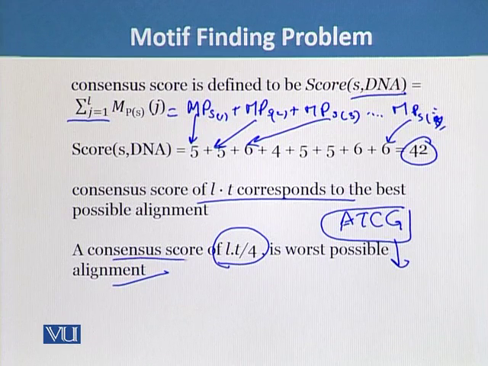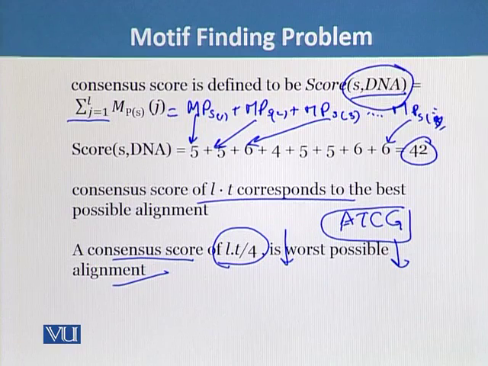So this consensus score will be much less than the other possibilities of this alignment. So in its simplest form, the motif finding problem can be formulated as selecting starting positions S from a sample that maximize this sDNA score.